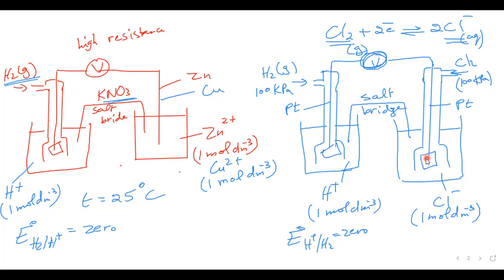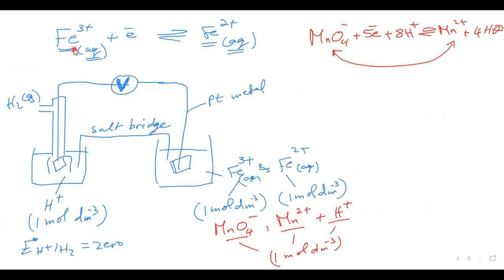And if we have solutions like this, where we want to measure the standard electrode potential between two ions in a solution, then we put a platinum metal in a solution that contains the ions that we want to measure the standard electrode potential between.